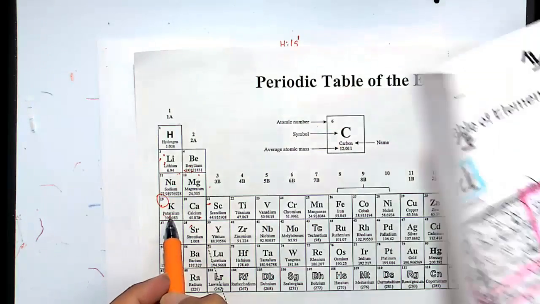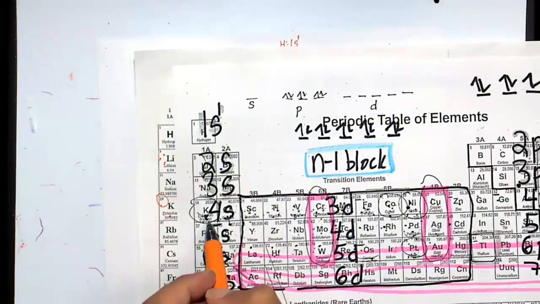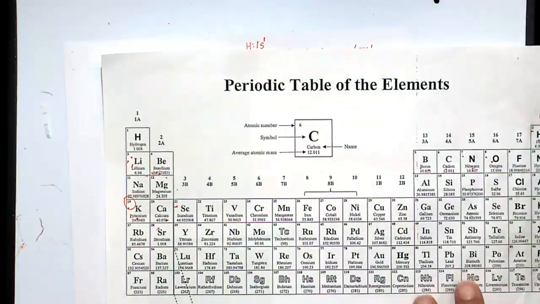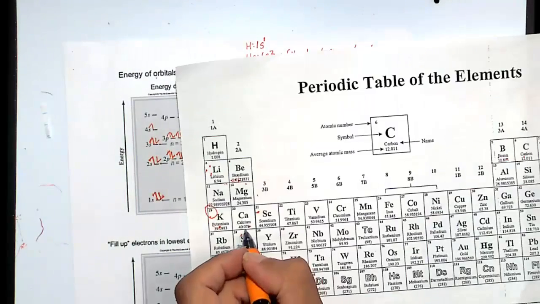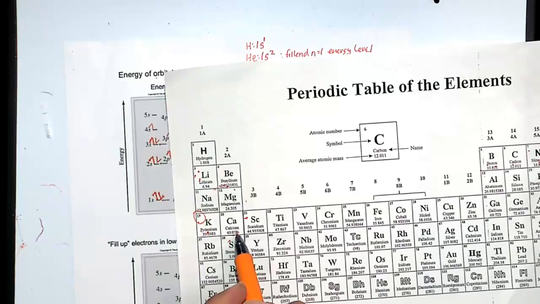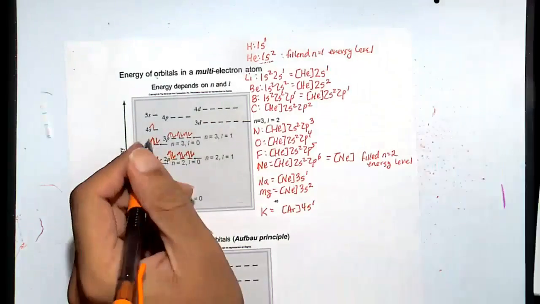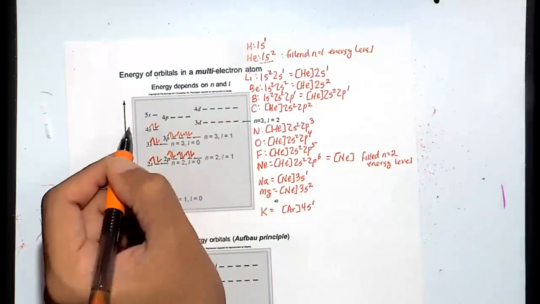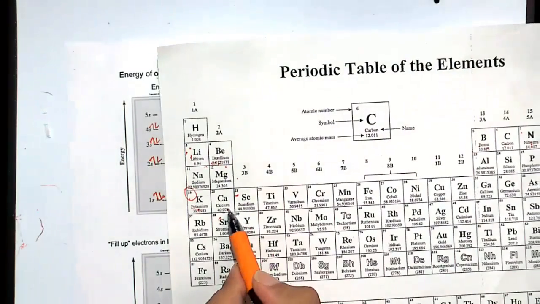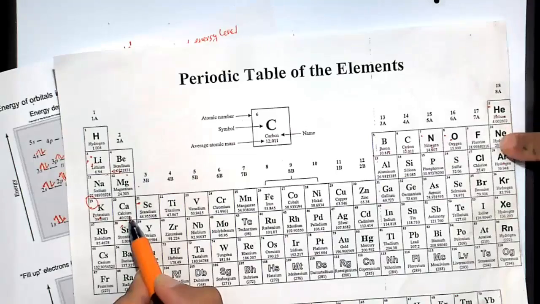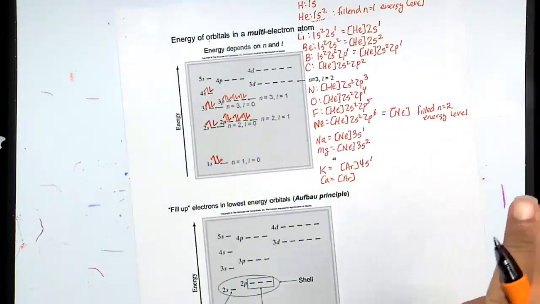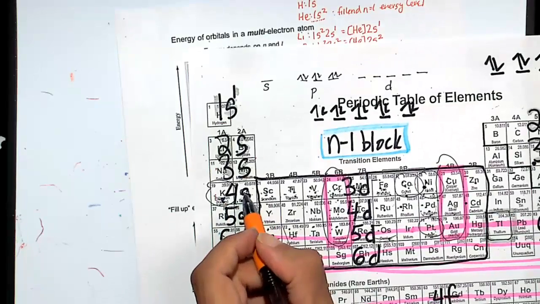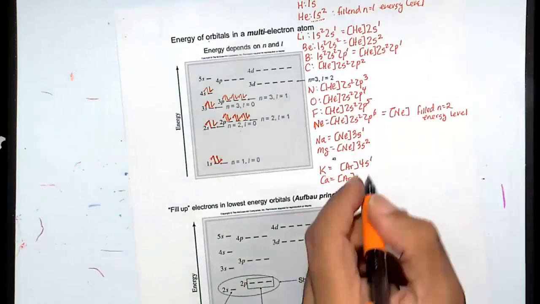Everyone see that? So it's going to be argon 4s1. How about calcium on this list? Calcium, 20 electrons. The 20th electron is going to go to 4s. So the electron configuration of calcium is going to be 18 from argon, and then 4s2. Everyone see that? 4s1, 4s2.